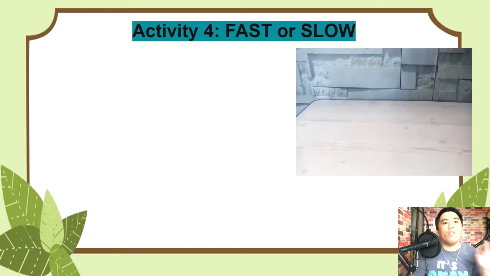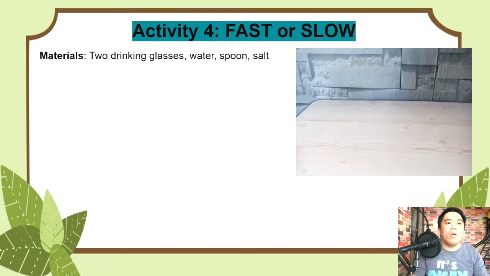Next, activity 4 tayo, fast or slow. So, what are the materials needed for this activity? So, 2 drinking glasses, water, spoon, and salt. Yan ang ipiprepare natin. 2 drinking glasses, water, spoon, salt.